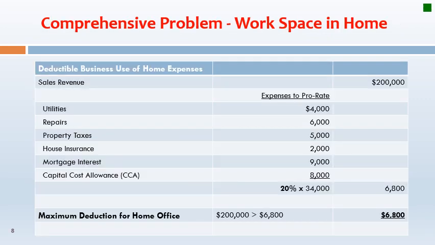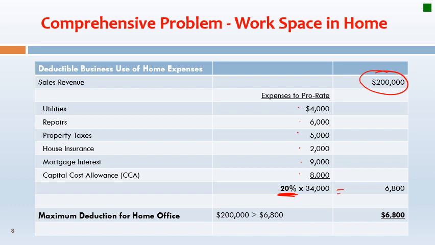Okay, so I've basically gone through and tallied up the workspace and home expenses. I've included the sales revenue here once again as a reference, just to make sure that I don't go over that. Again, I can't deduct more than the actual amount of the revenue that he earns in the year. So here are the expenses we're going to prorate: the utilities, the repairs, property taxes, house insurance, mortgage interest, and CCA. If we total them all, they're $34,000, and we multiply them by 20%, which is the percentage of the home that he actually uses for the business.